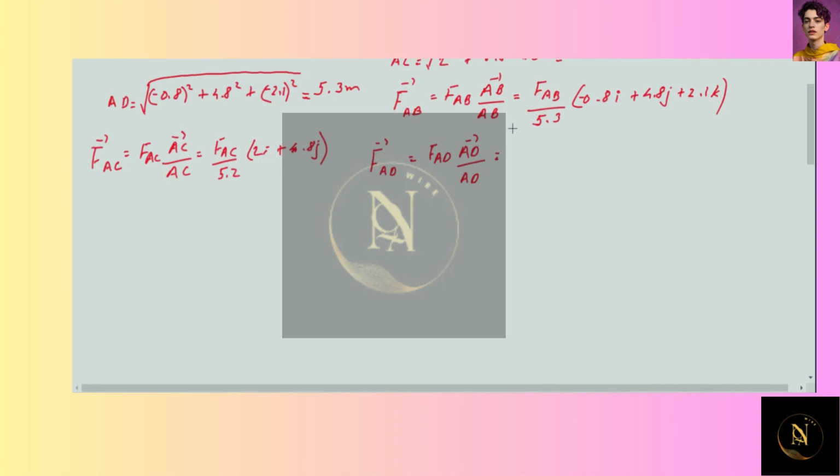AD we know that is 5.3, times minus 0.8 I minus 4.8 J minus 2.1 K component.